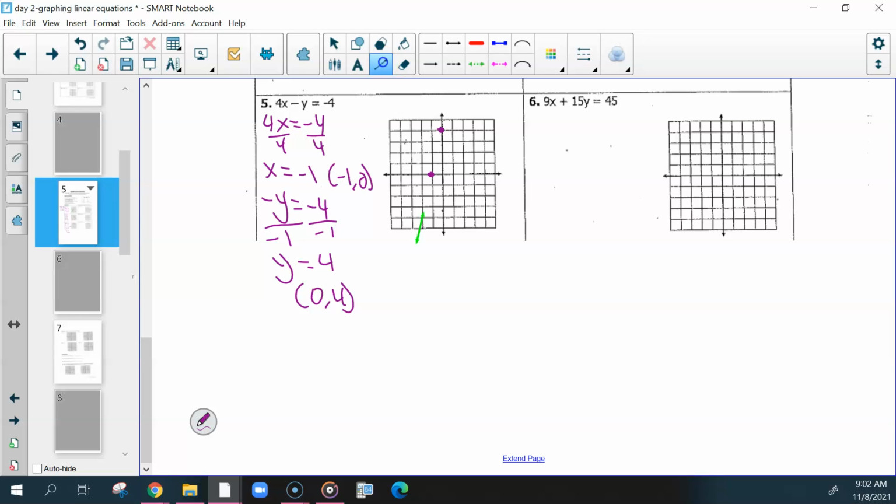So this method only works if it's in standard form and it doesn't tell you to specifically convert to slope-intercept form. If it tells you to convert to slope-intercept form, then this method doesn't work.